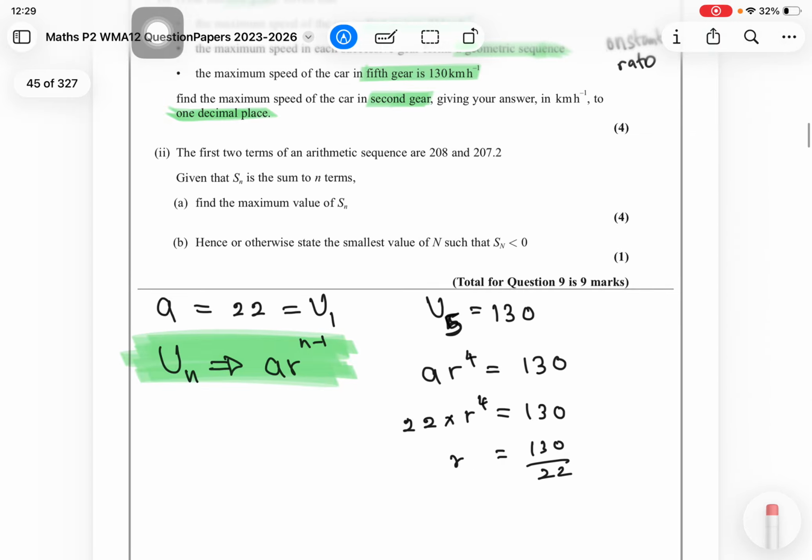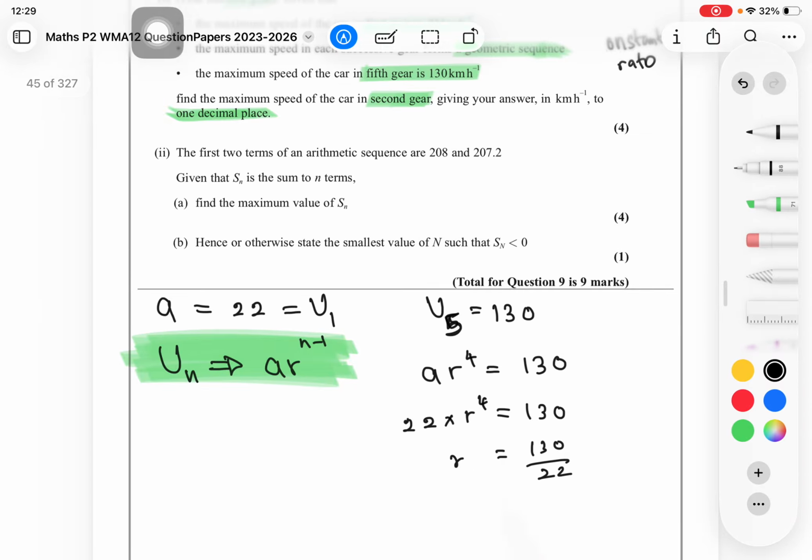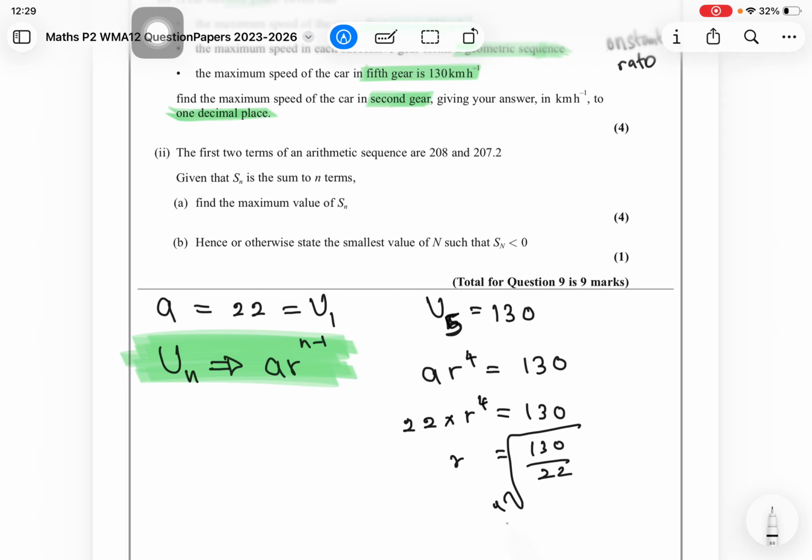To remove that power, we take the fourth root. Now we get the answer easily: r equals 1.5581. So we have that value for the common ratio.